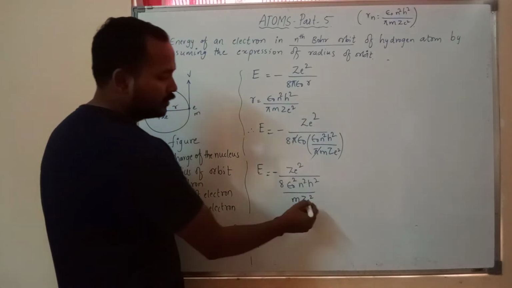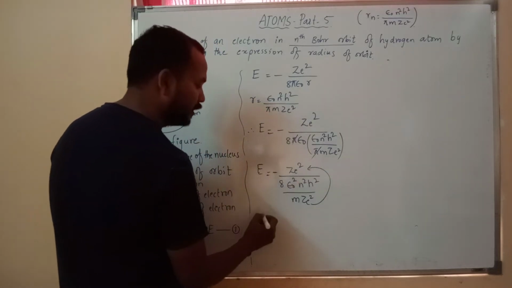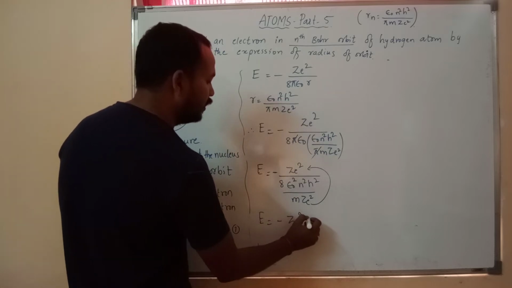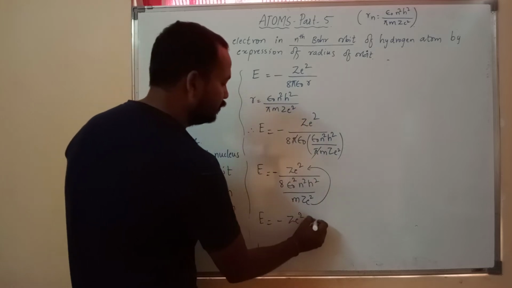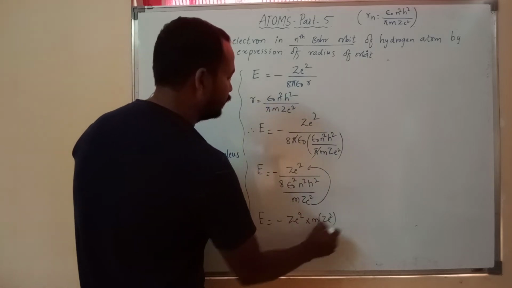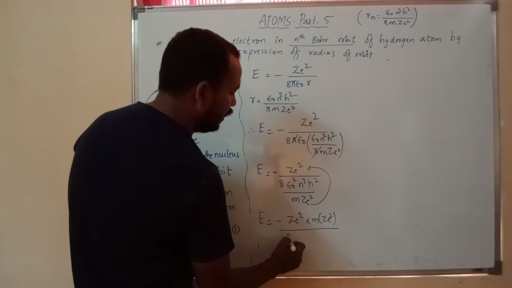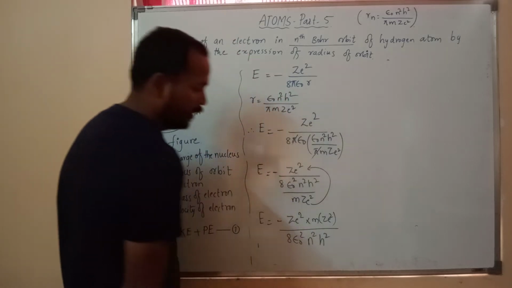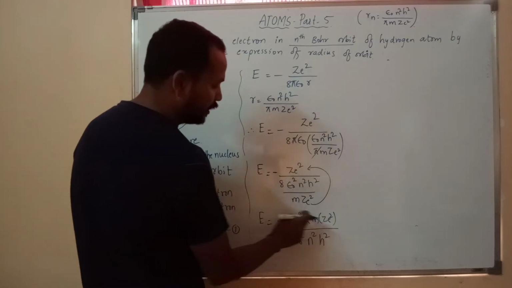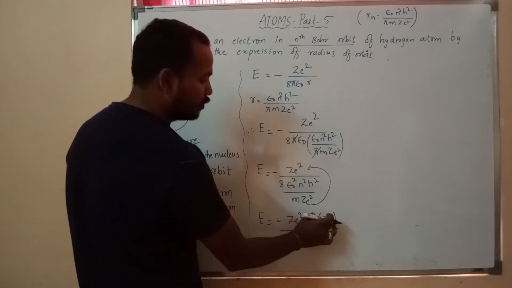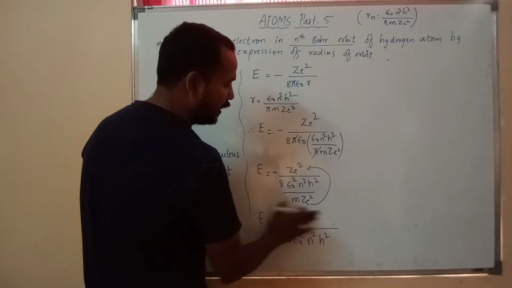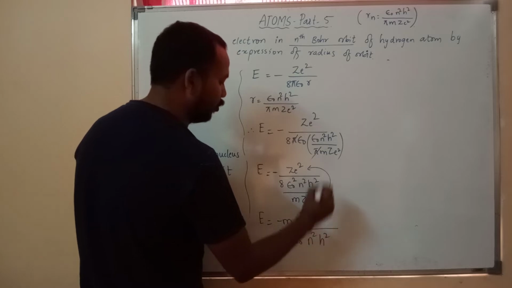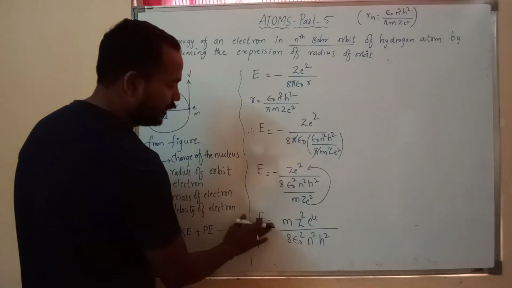Now this denominator will come to the numerator, such that E is equal to minus Z square into m Z square, divided by 8 epsilon naught square n square h square. So here I will combine Z into Z square, e square into e square, e raised to 4. So instead of this I will write m Z square e raised to 4, with the negative sign.